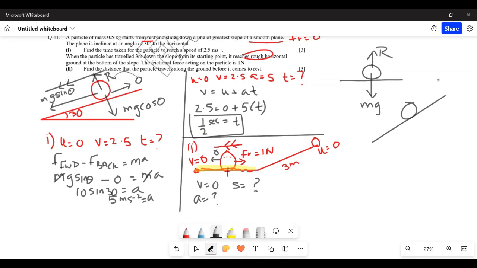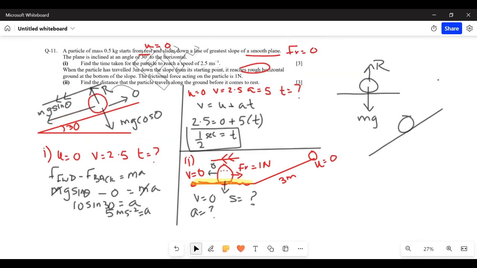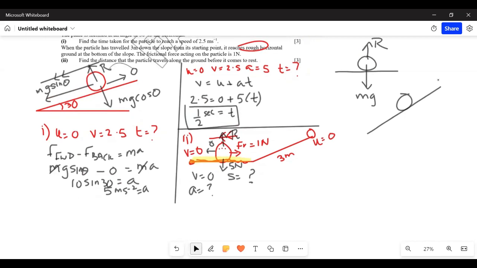Okay, so let's write that as well. This downward force is, what was the weight? 0.5 kg, so it's going to be 5 newtons. mg, so 0.5 into 10 is 5. And in the upward direction, we're going to have the normal contact force R. Okay.